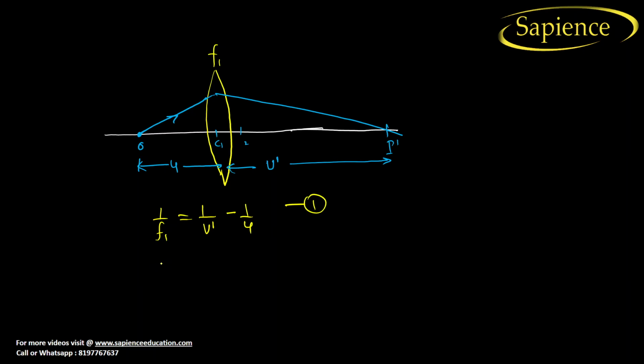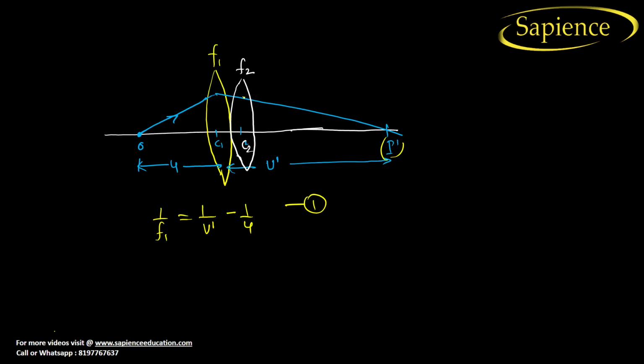Now let us understand that if we keep another lens of different focal length. So let us suppose this is focal length f2 and it has C2 center of curvature, and now what will happen when you place this? This image will act as an object for this lens.